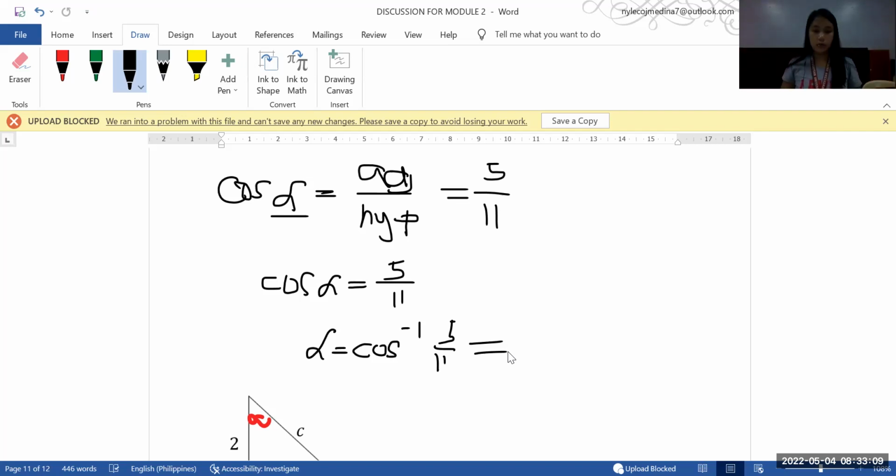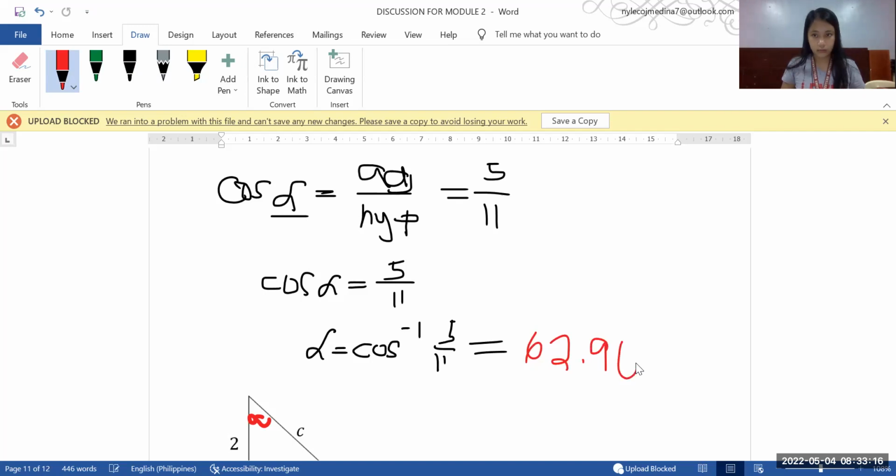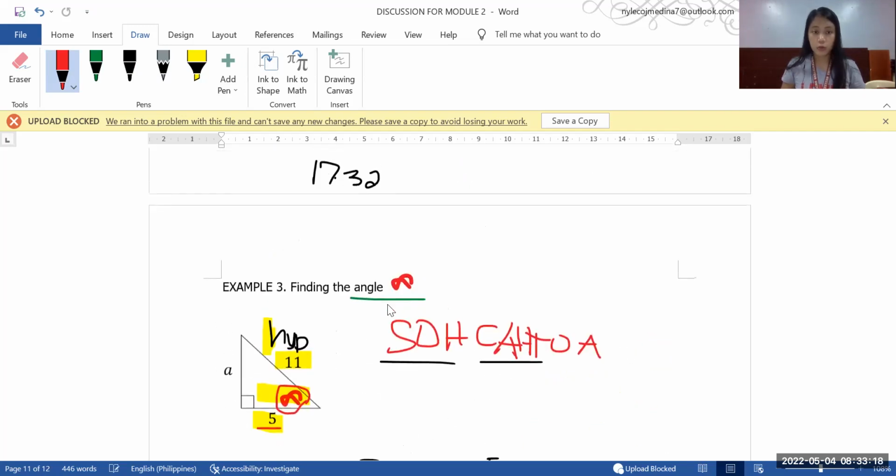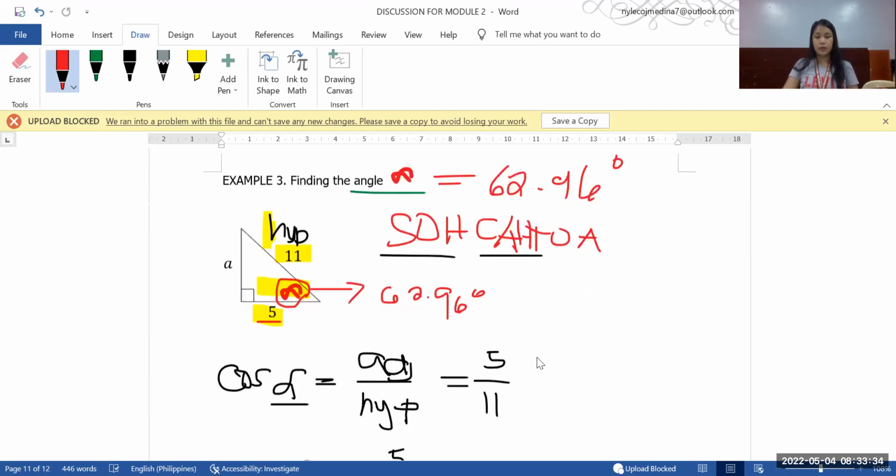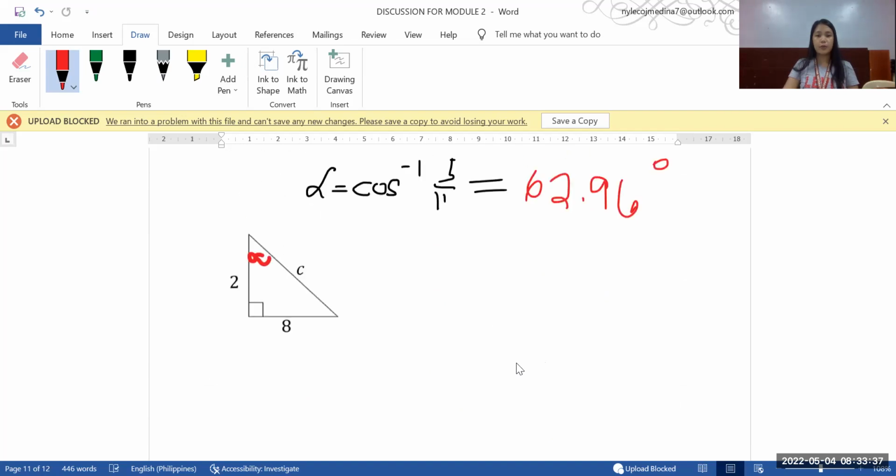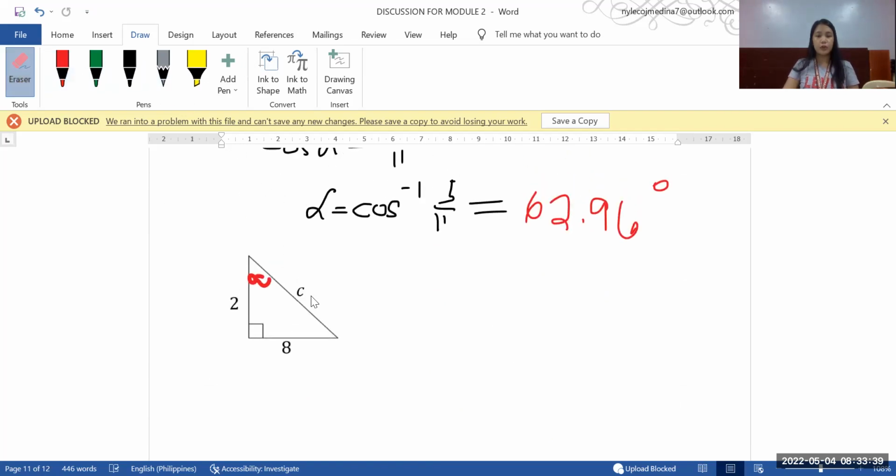So, 62.96 degrees is the angle. Your alpha is equal to 62.96 degrees.